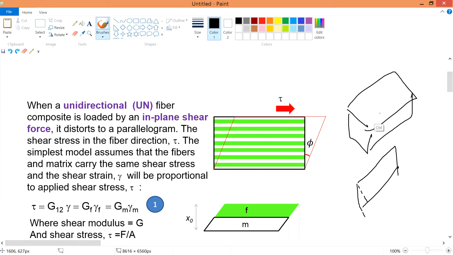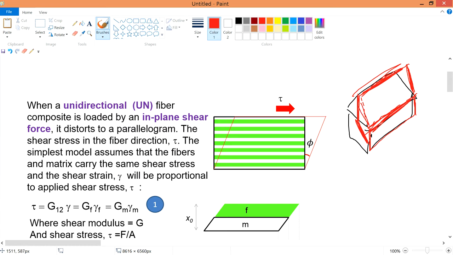So this is the in-plane shearing, where your whole cube is being sheared into this shape. Hopefully it's pretty clear now. You are shearing with this particular angle, some angle phi, which is attributed over here.